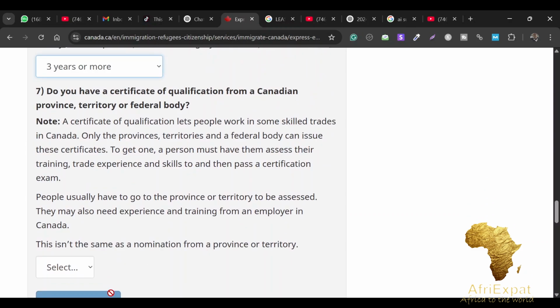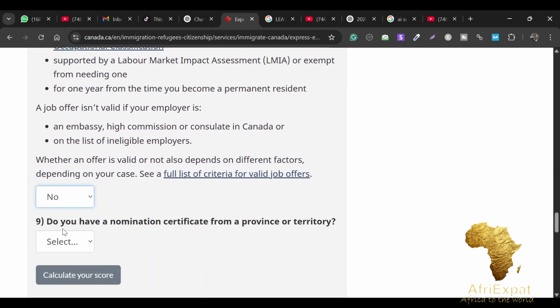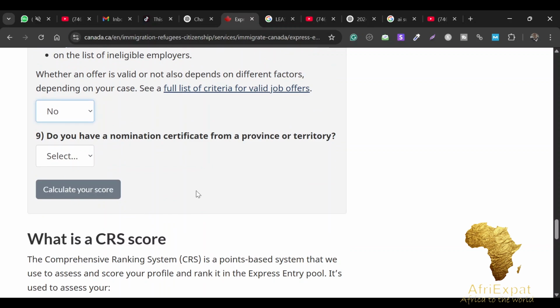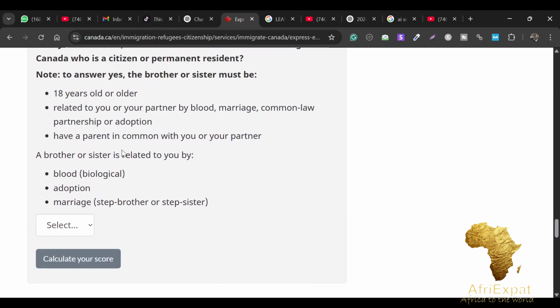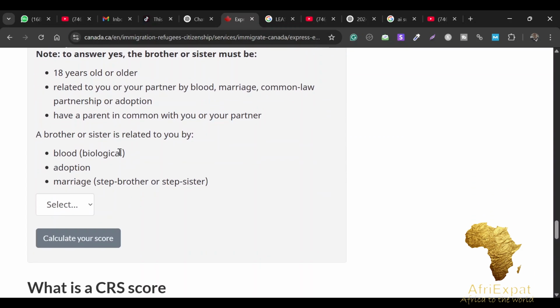Do they have any certificate of qualification from Canada? No. Additional points? No. Do they have any nomination? No. Do they have any spouse or common-law partner? No. Or do they have any siblings in Canada? No. So you choose no.